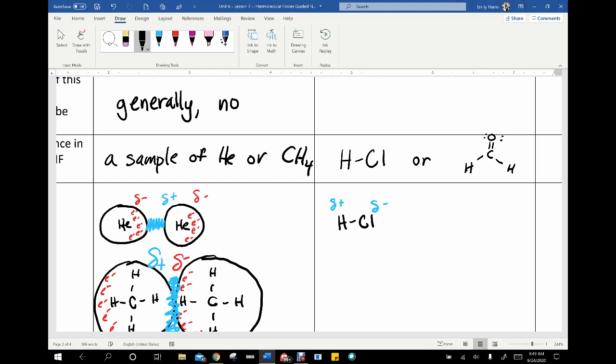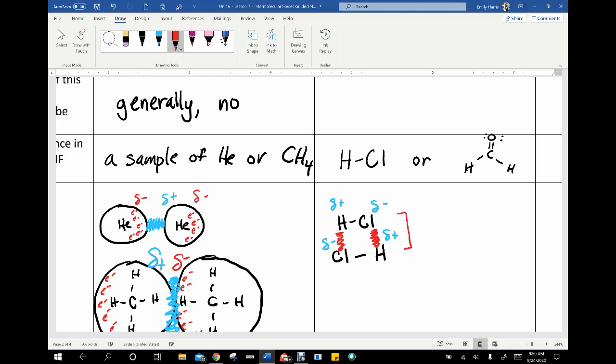If another HCl molecule comes nearby, it's going to orient itself so that opposite partial charges can align. So the positive hydrogen on the second molecule is going to want to interact with the negative chlorine of the first molecule. And so what this does is create two sets of interactions.